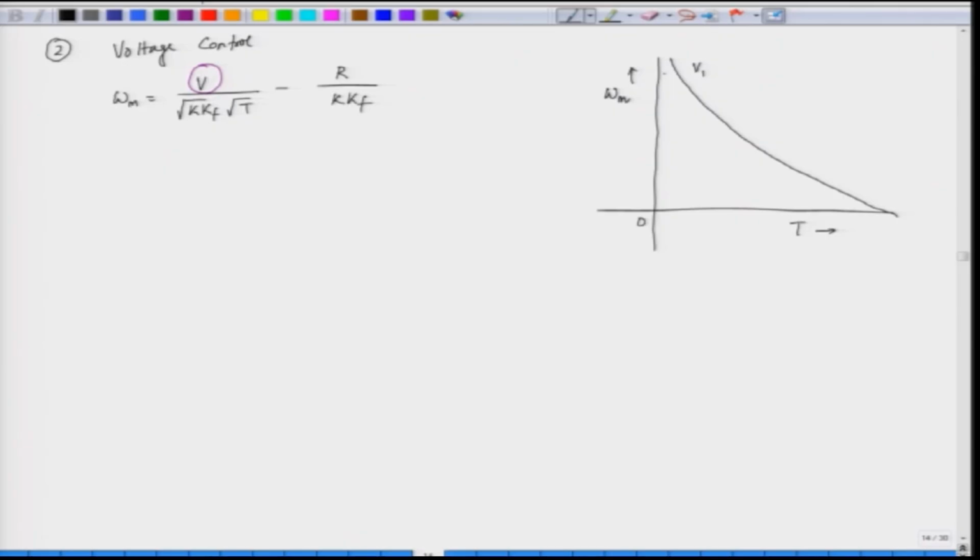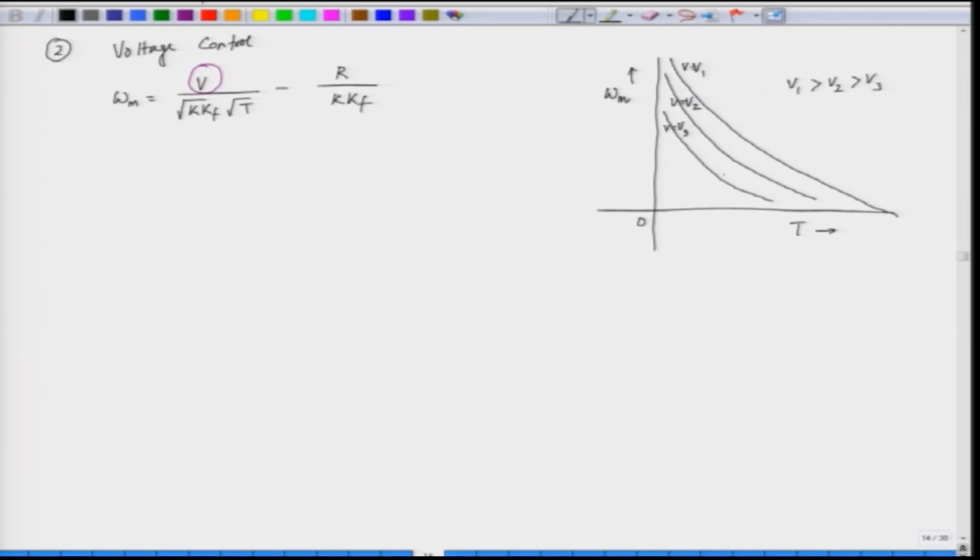So, the profile will be like this, V 2, V 3 and so on. In this case V 1 is greater than V 2 is greater than V 3. So, V is equal to V 1, V equal to V 2 and V equal to V 3, and the voltage is decreased from V 1 to V 2 to V 3.